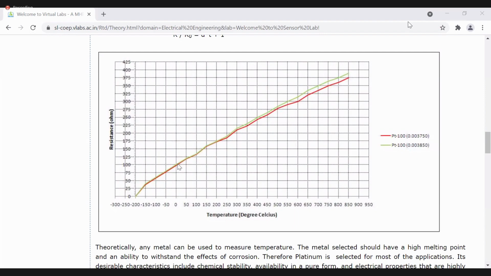So that is the logic. After 100, depending on the alpha value, it will exhibit different resistance values. But both PT100 with different alpha values are exhibiting nearly 100 ohms resistance at 0 degrees Celsius. Okay, sir. I get it. Okay, students, this is the first lab session.